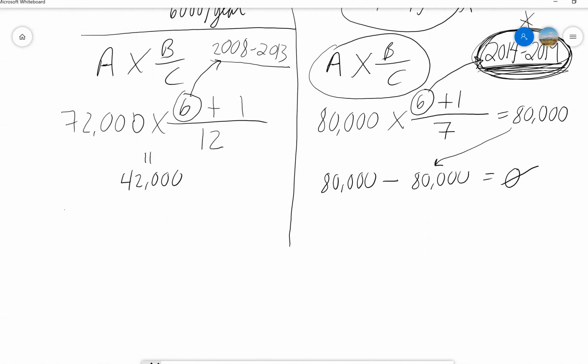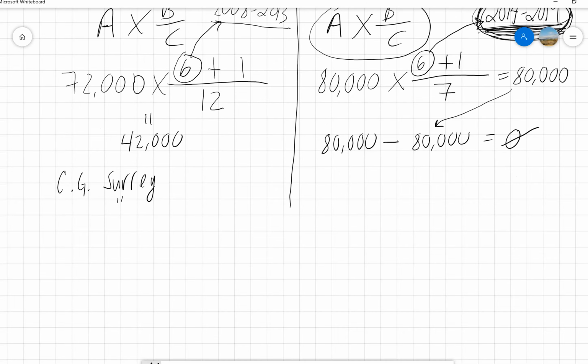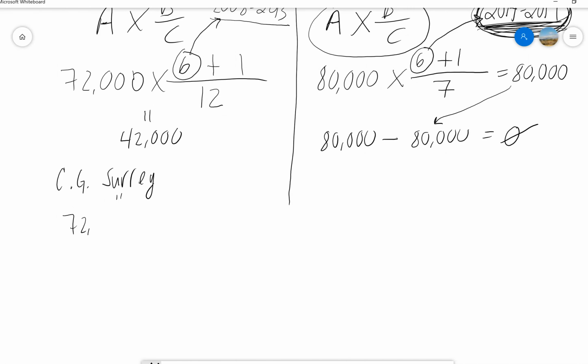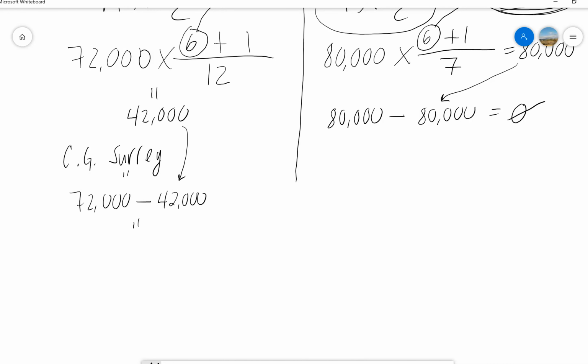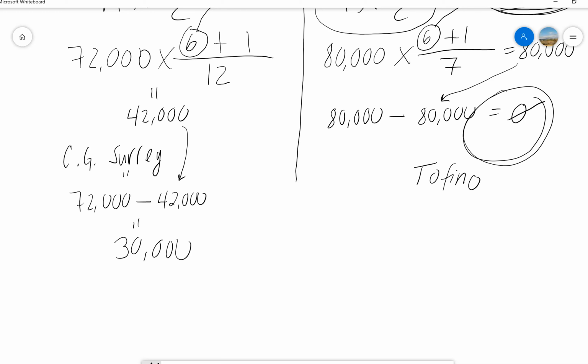So then the capital gain for the Surrey property, once again, we take the total capital gain, which is 72,000, minus the capital gain reduction of 42,000, and that's going to leave us with a capital gain on the Surrey property of 30,000.